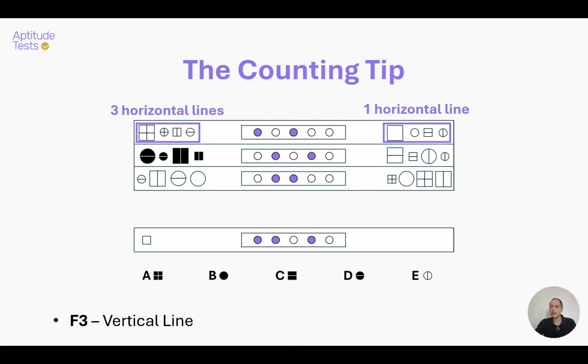I'm going to do the exact same thing with the horizontal lines. I'm going to count 3 horizontal lines on the left-hand side and 1 horizontal line on the right-hand side of the top row. And this tells me that this row also contains a horizontal line function key. Since I already know that F3 is the vertical line function key, that leaves only F1 as the horizontal line one.